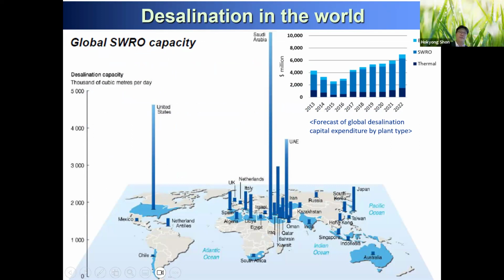So this is what the desalination current situation in the world is. With climate change, it's very difficult to predict the rainfall. There used to be an average rainfall of 2,000 millimeters per year, and then less than 1,000, we just say drought area.